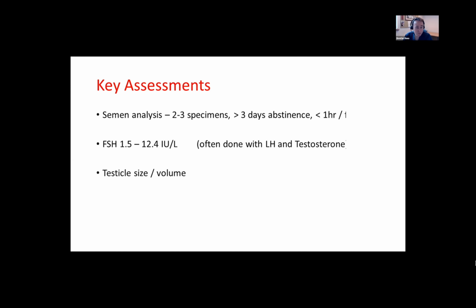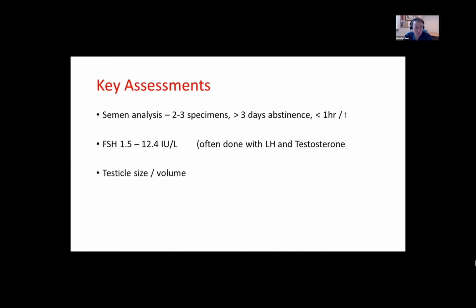And then, depending on what the semen analysis shows, we may then need to go on and think about further investigations. And certainly for those with severe male factor infertility, those with oligoasthenoteratozoospermia and those with azoospermia, they all need further tests. We need to look at the FSH in particular.